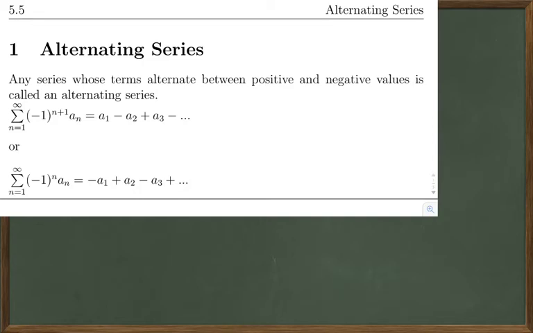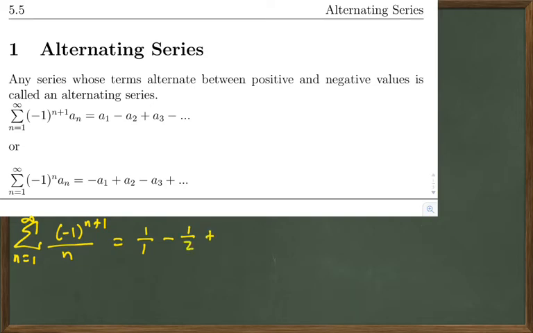So let's take a look at an example: not quite the harmonic series, but the harmonic series with an alternator. So we'll look at the sum from n equals 1 to infinity of (-1)^(n+1) over n. We'll evaluate at 1: you're going to have negative 1 to the second power, which will be positive 1 over 1, plus negative 1 to the third power, which would make it negative 1 over 2.